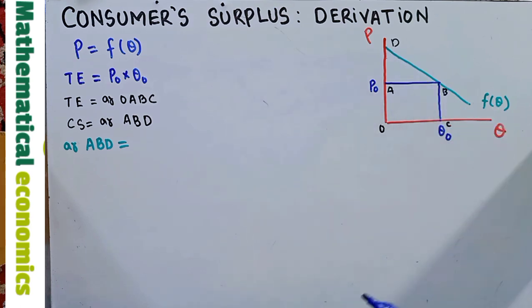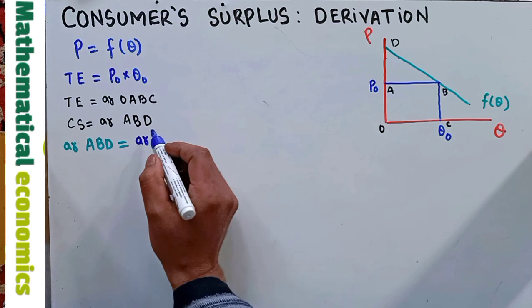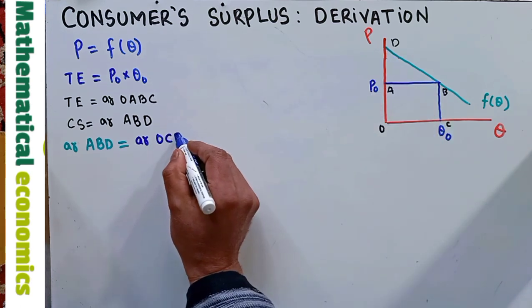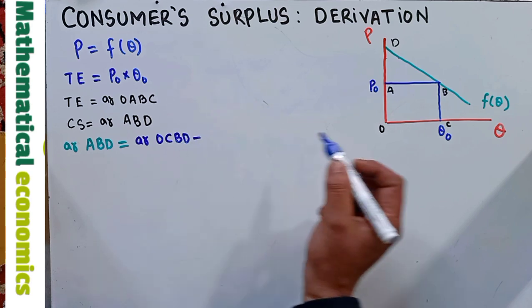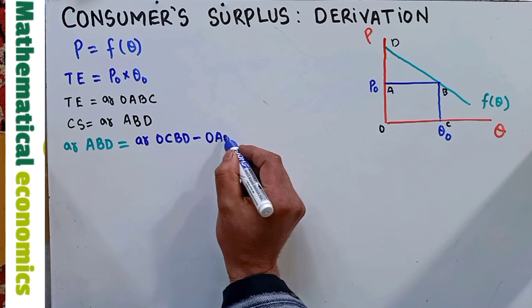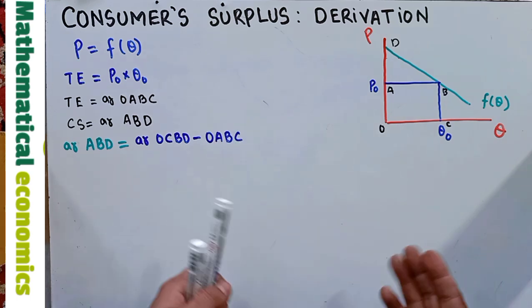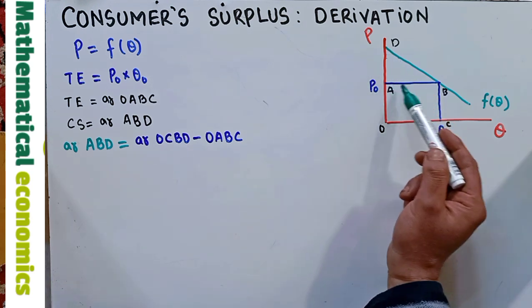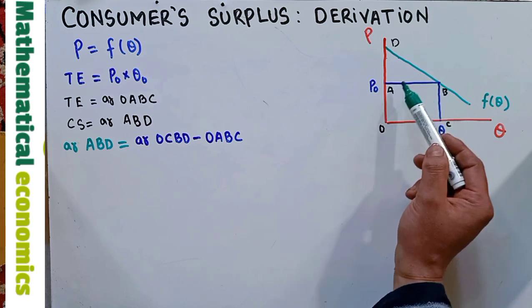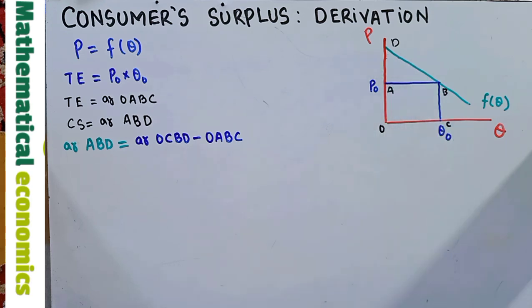We are assuming here that this is a linear demand function. So it will be equal to the area of the region OCBD minus the area of this rectangle, that is OABC. Let me explain it again. The area of this triangle will be equal to the area of this whole region, and when we subtract this rectangle, we are left with this triangle.